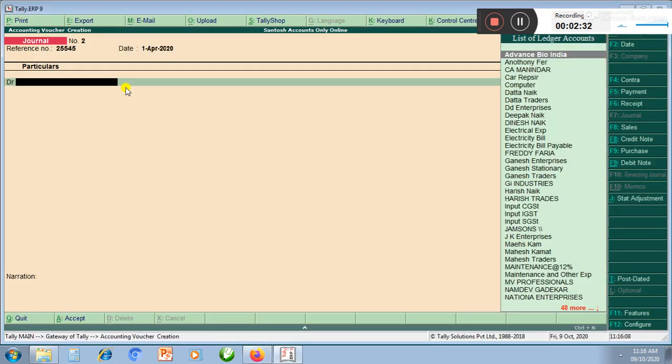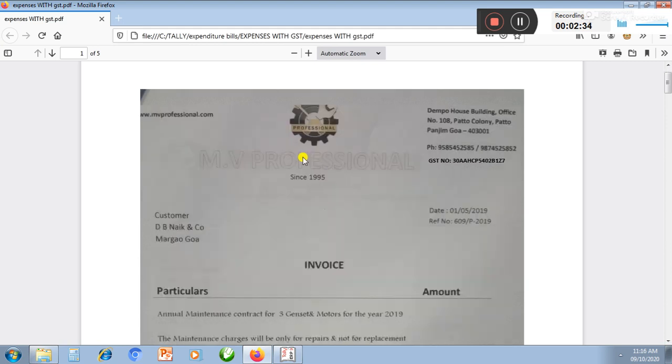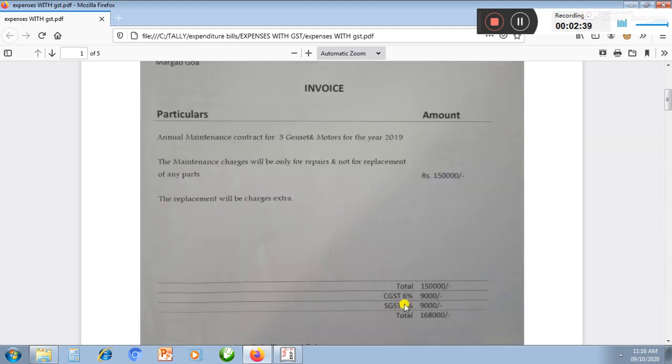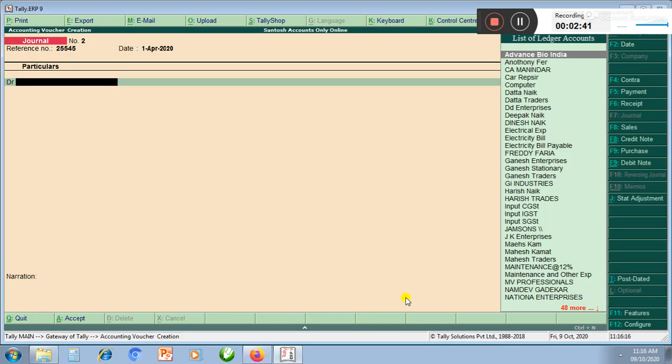Enter. What type of bill is it? A maintenance bill. There is CGST, SGST on the bill, 12% GST. Whenever we are passing a journal entry and it is an expense bill, we always debit the expense. Remember this: in accounts, whenever we receive an expense bill, the expense should be debited.